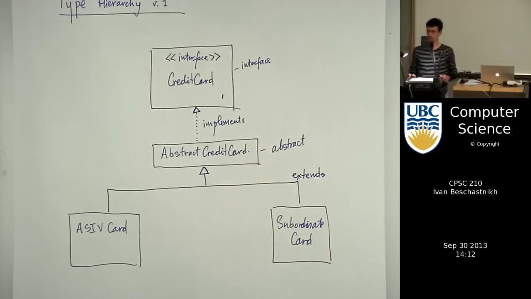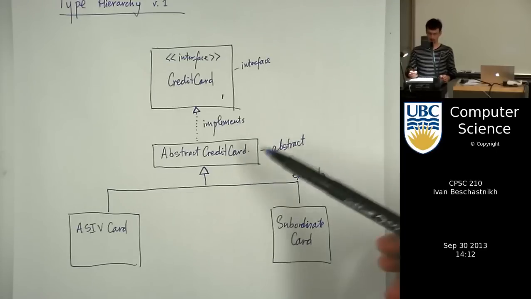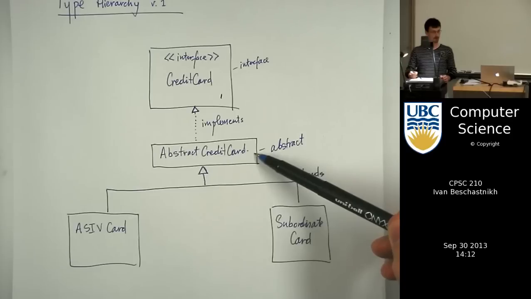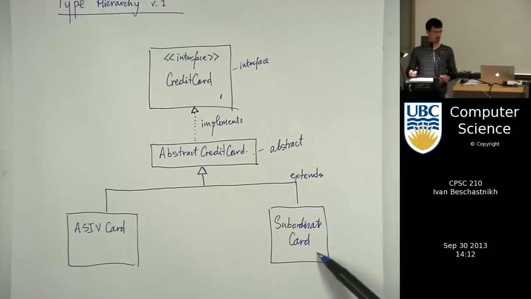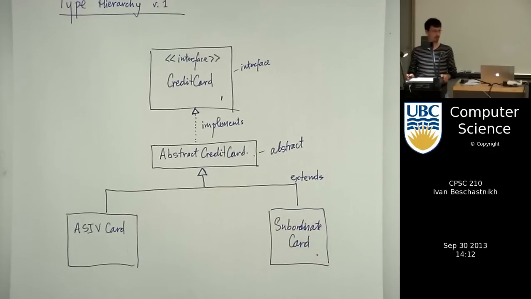Implement it in the abstract credit card? I have to implement it. Well, I have to implement it below, in whatever class is not abstract. So I could implement it here. I could also decide to implement it here and here. And that choice is left up to me, depending on what exactly I want to add to that method.